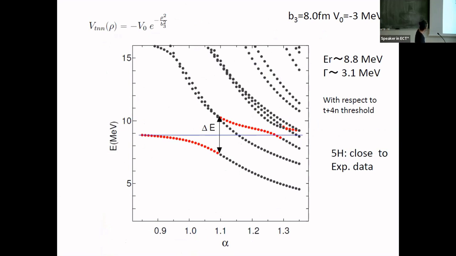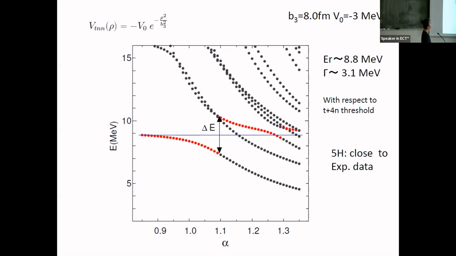So you can see that there is a scale, and the decay into some threshold with respect to the scaling parameter alpha, and this energy is measured from the triton plus 4n threshold. That means here we have a very stable state, and according to this energy, we can get the energy and decay width.